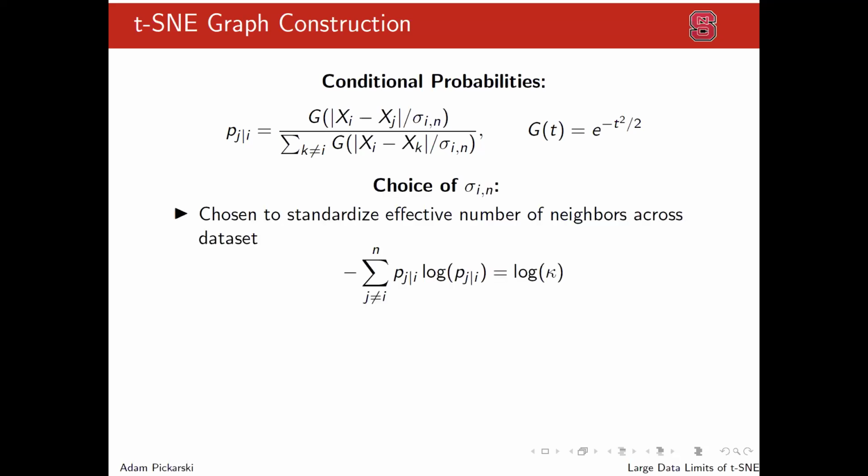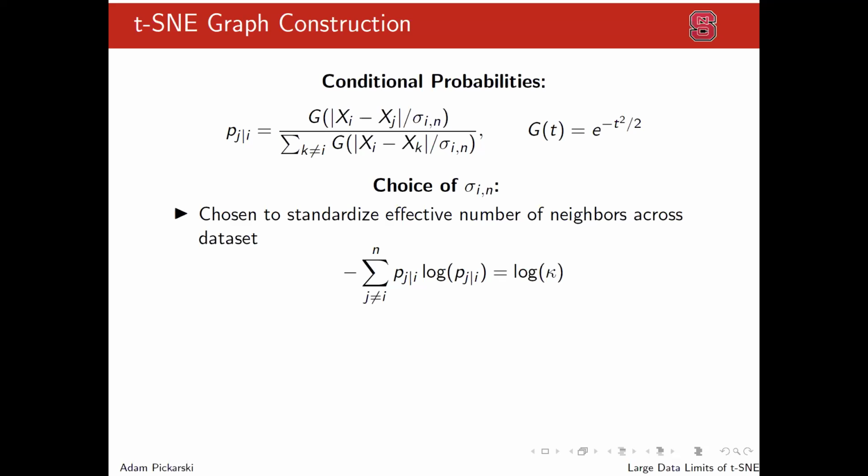Now, the ultimate question is, how are these sigma_i's constructed? The philosophy was that you want to hold surprise constant, and surprise is entropy. So I want the same amount of surprise across every i. They say in the paper that this is equivalent, roughly speaking, to a smooth version of nearest neighbors.